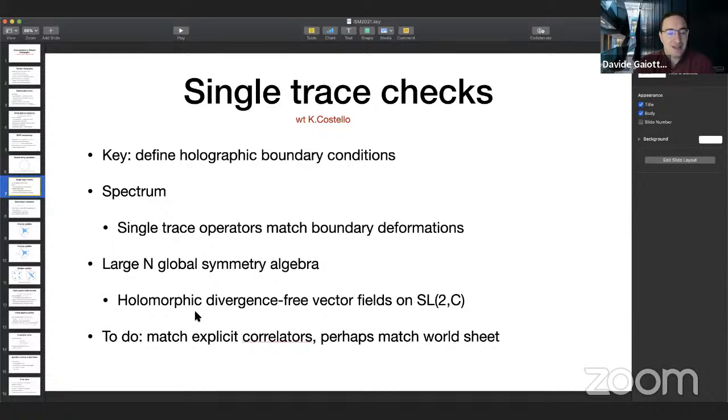But it would definitely be nice to push this further and to study in detail the 1/N expansion with correlation functions and match it with the Witten diagrams in SL2C. Or perhaps even better, to find a way to derive the worldsheet theory, the B model, out of the 't Hooft expansion of these correlation functions. I think that would be fascinating.